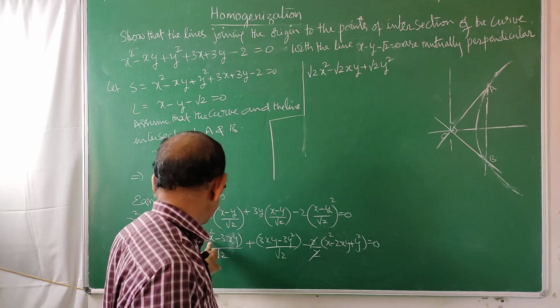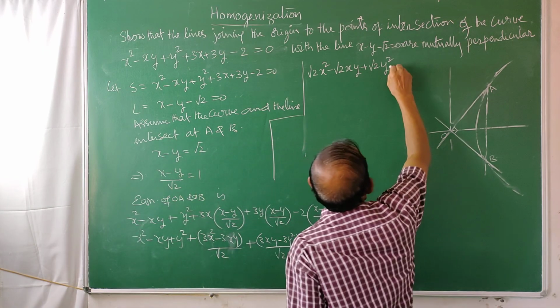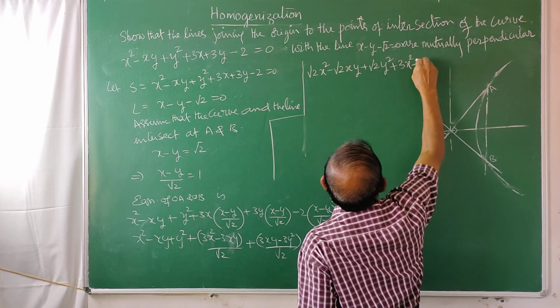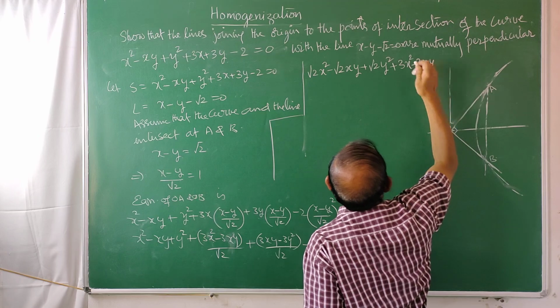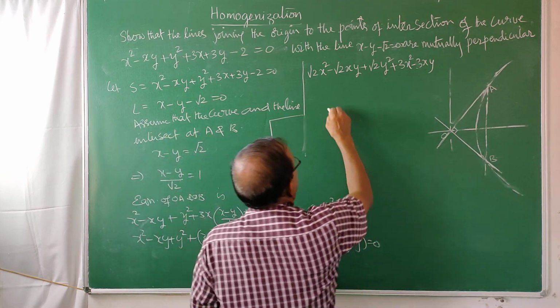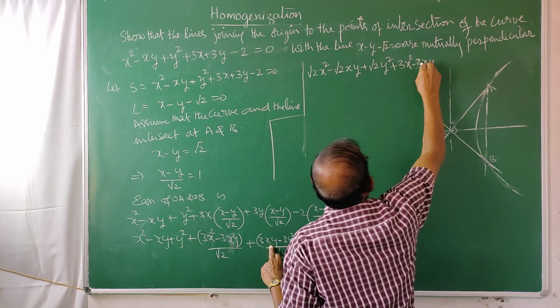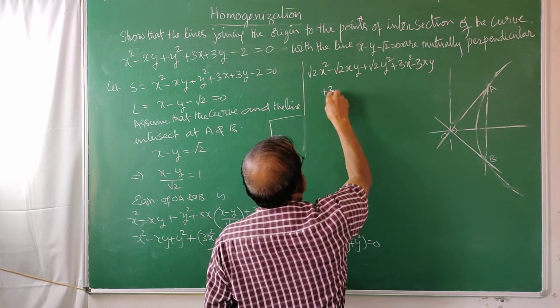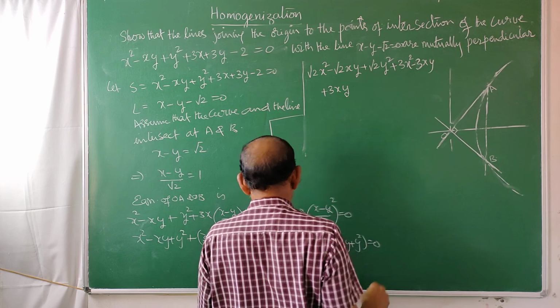Here already root 2 is there. So 3x square minus 3xy plus 3xy minus 3y square.